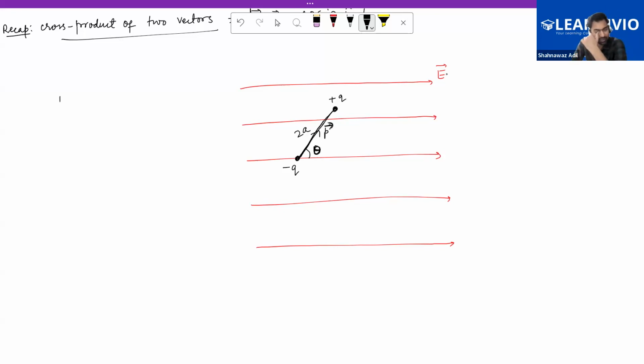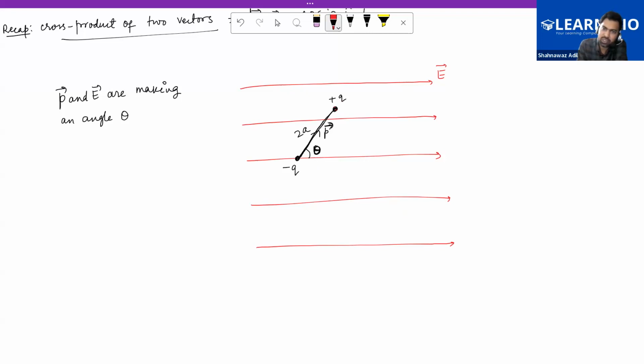So P and E are making an angle theta. This is positive charge, and the electric field is in the right direction.